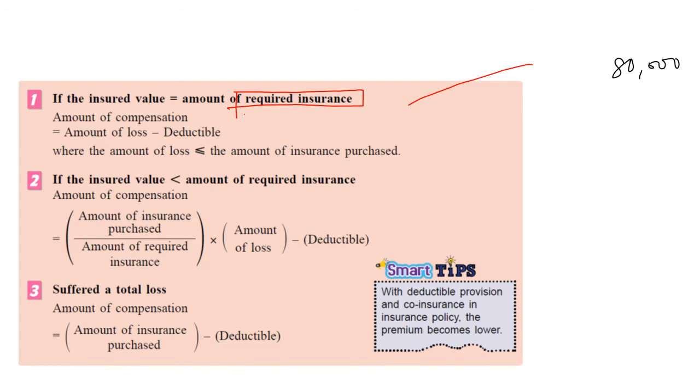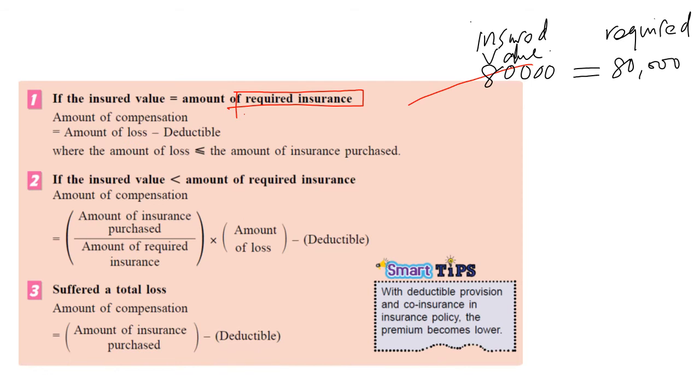You have to insure your house for 80,000, and you agree and insure your house for 80,000. This is called your insured value, and this is the required amount by the insurance company.